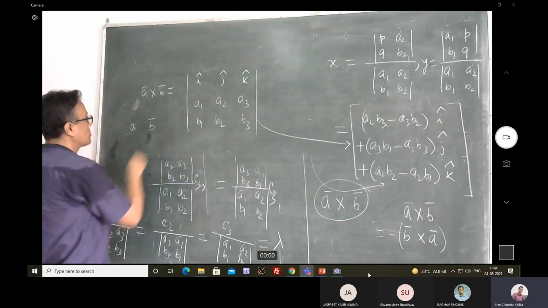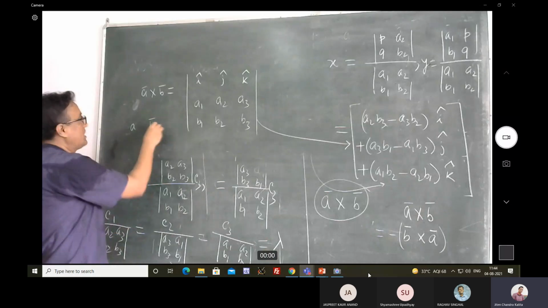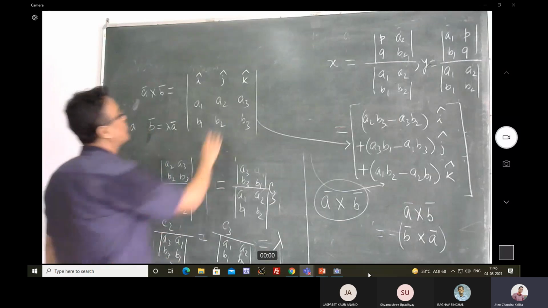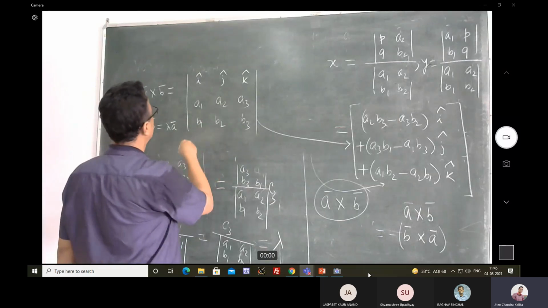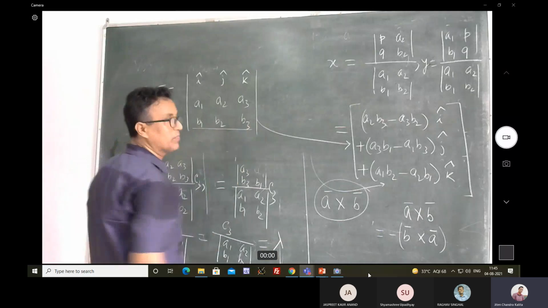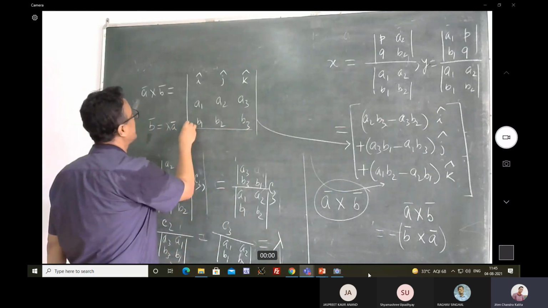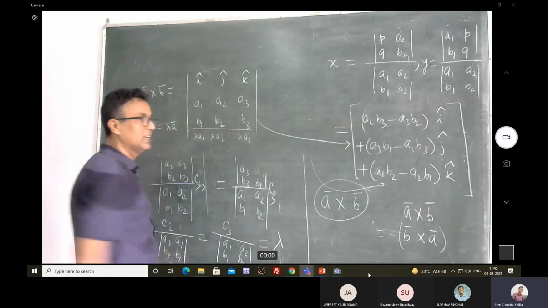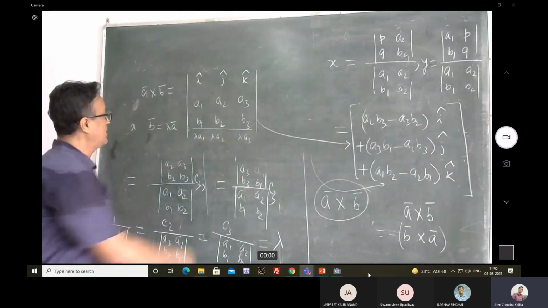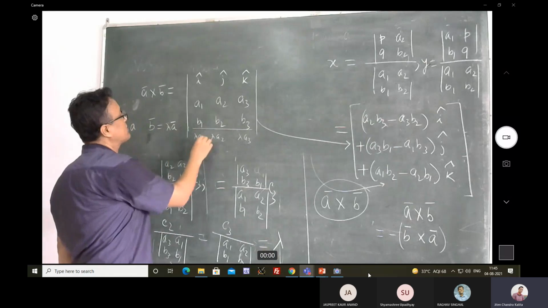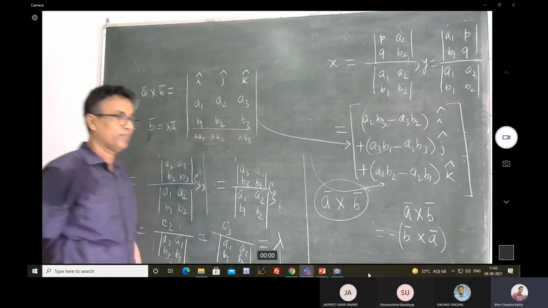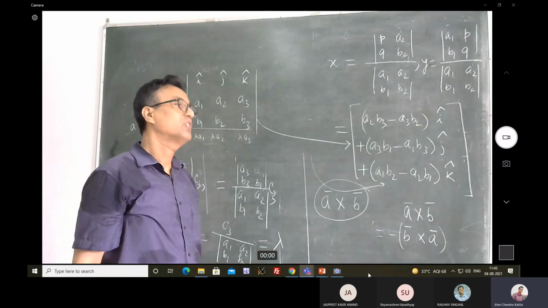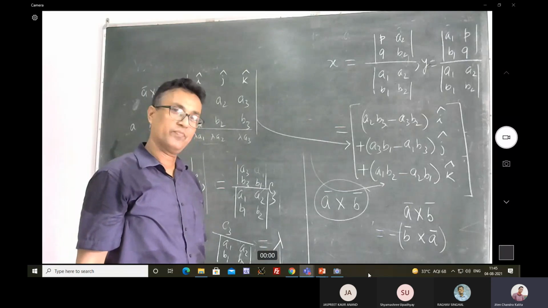And again, if A and B are parallel, then B is going to be a scalar multiple of A, right? So instead of B1, B2, B3, I am simply going to get lambda A1, lambda A2, lambda A3. By the properties of determinant, if I take this lambda out, two rows are going to be the same, so this is going to end up as the zero vector. Is it okay?